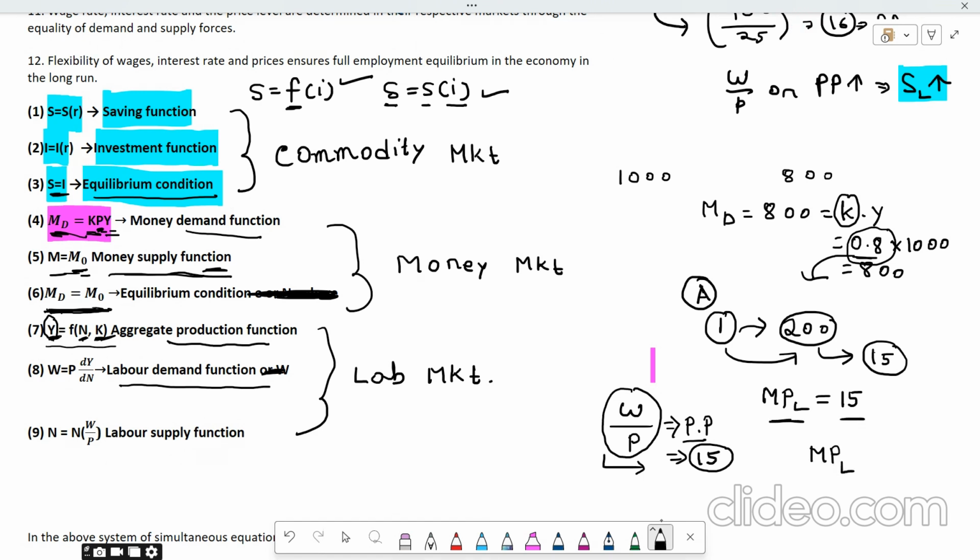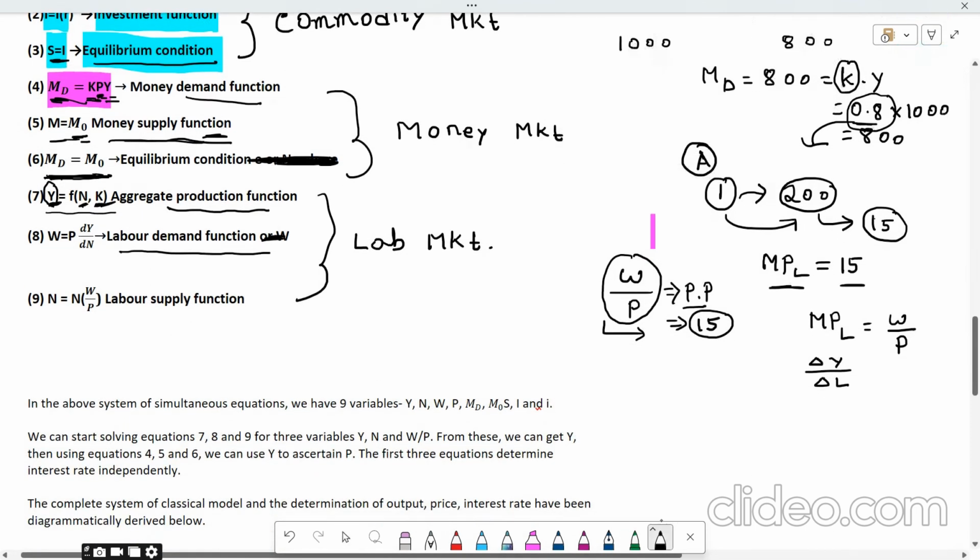So can I write that marginal productivity of labor is equal to the real wage of the laborer? Yes, I can write that. Now marginal productivity of labor is what? Change in output because of change in labor, del Y by del L, right? Instead of writing delta, I can also write it with d. d also denotes change.